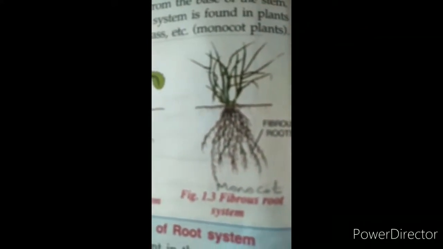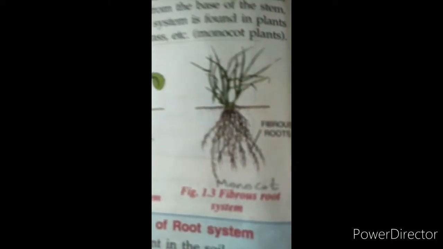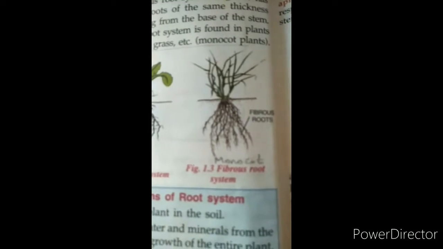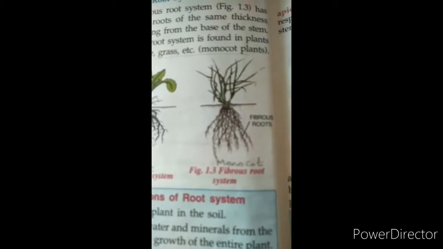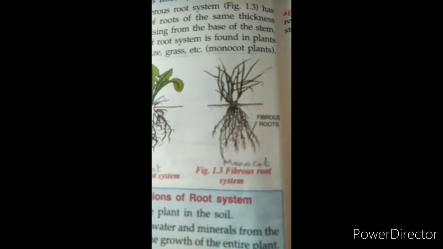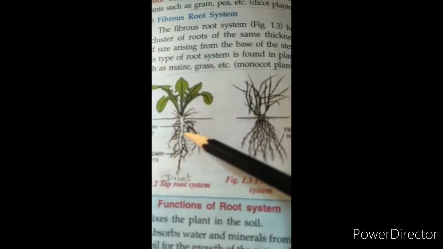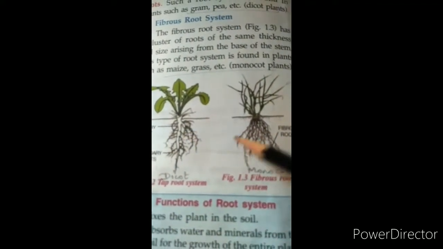Okay, so fibrous root, if we have a look at one example here, the figure is given very clearly. Now in this fibrous root system, we are not able to see any dominant root, any root that is thicker than the other. In the taproot we were able to see one thick one here, but here we cannot see any thick one.